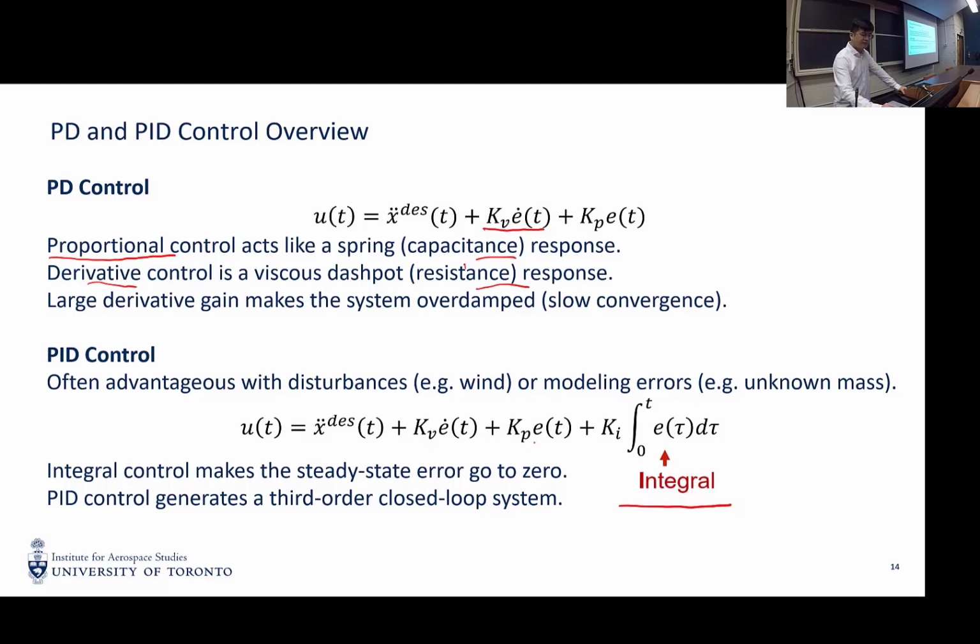But if we integrate the error with respect to time, we gradually increase our control input. If just using the PD controller does not converge to our desired location, we gradually increase our control input by using the integral term. After a while, because we have some additional force to compensate for the disturbance, the system will hopefully converge to zero. That's the idea of the basic PID control.